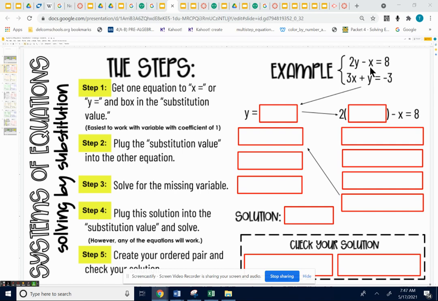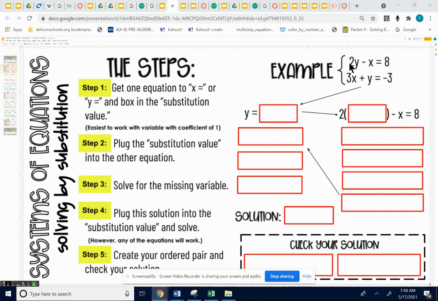If I have 2y minus x equals 8 and 3x plus y equals negative 3, my goal is to first get something equal to y or something equal to x. So I want x equals something, or y equals something, from either one of my equations.